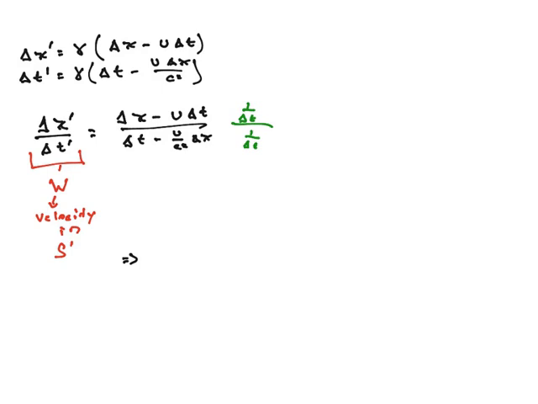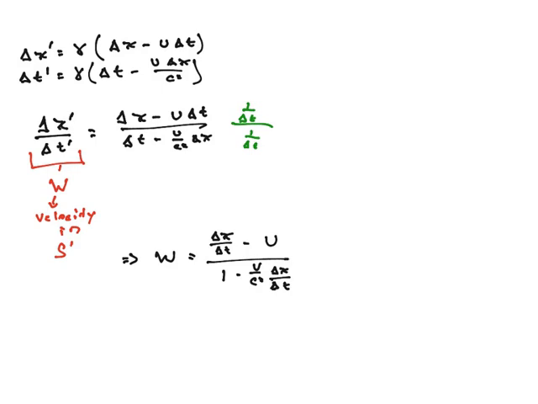Well, on the left, I have W. That's good. On the right, I have delta x over delta t minus u times delta t over delta t, but delta t over delta t is just 1, divided by delta t divided by delta t, that's just 1, minus u over c squared, and I have delta x over delta t.